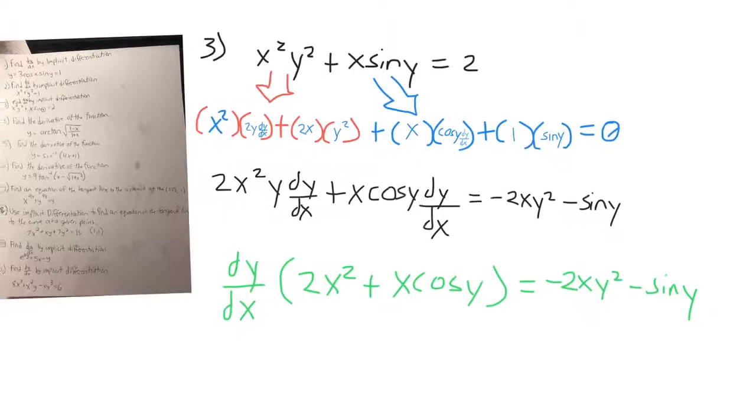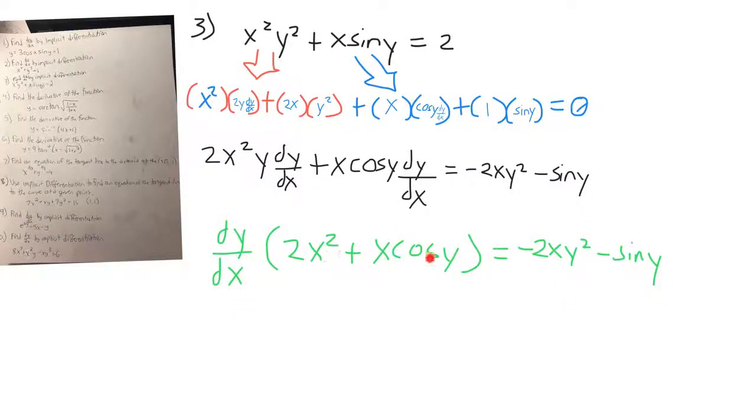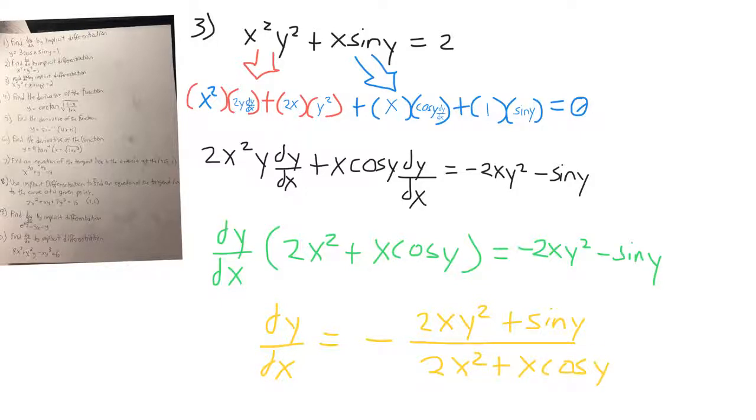Then, of course, we divide both sides by this thing, and we end up with dy over dx equals... I'm just going to get this over with. The negative is going to go in front of the bar. So we're going to have 2xy squared plus sine y up top, and 2x squared plus x cosine y down below. And that should be the answer.